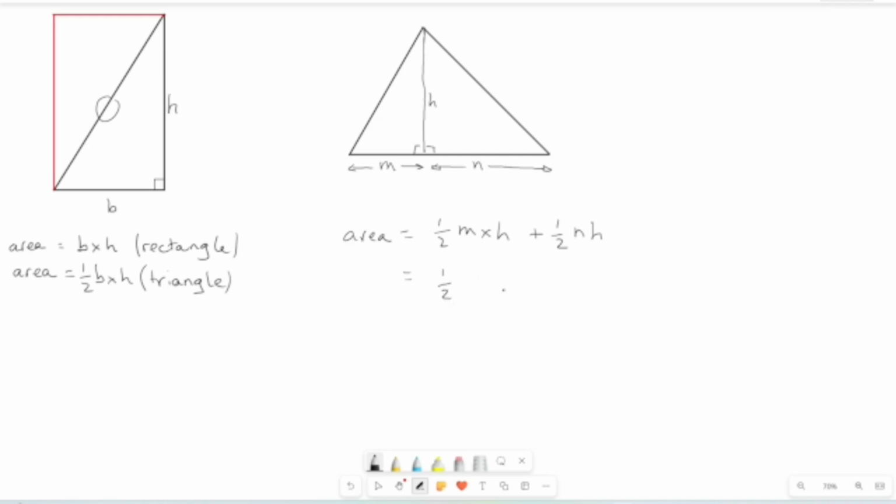So that is 1/2 h times m plus n. And m plus n is simply the length of the base, which we call b. So I can replace m plus n with b, 1/2 h times b, which if we just put these in the right order is 1/2 base times height as before.